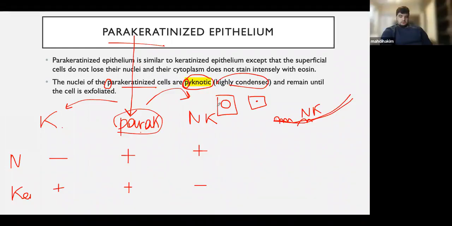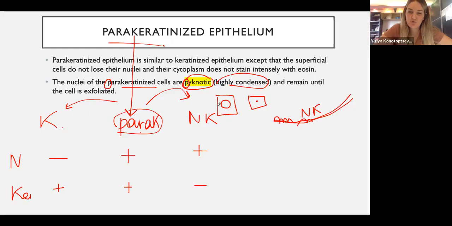It's not a normal nucleus, but it is still a nucleus. Do you understand what I'm trying to tell you? It's for sure will not do the proper job because it is very condensed. So all of the genome there is not doing the job properly, that's for sure, but it is still a nucleus. And because it is still a nucleus, you would classify it as non-keratinized.